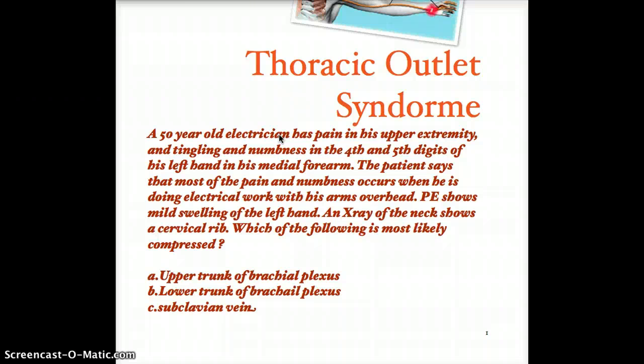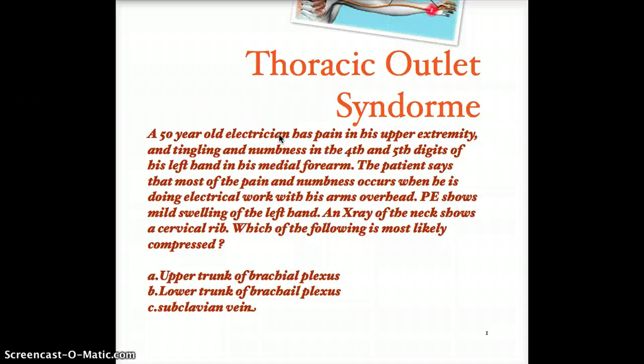A lot of injury, trauma, whiplash, a lot of these accidents can cause thoracic outlet syndrome because it's just impingement of those structures. Usually in most of the cases, it is going to be the brachial plexus which is more often affected, but the subclavian artery is also common, just a little less common than the brachial plexus.